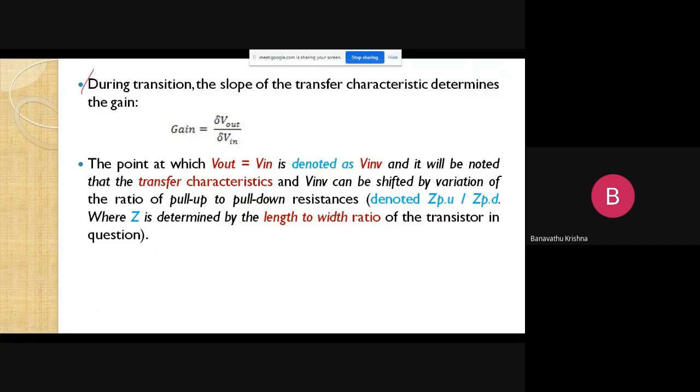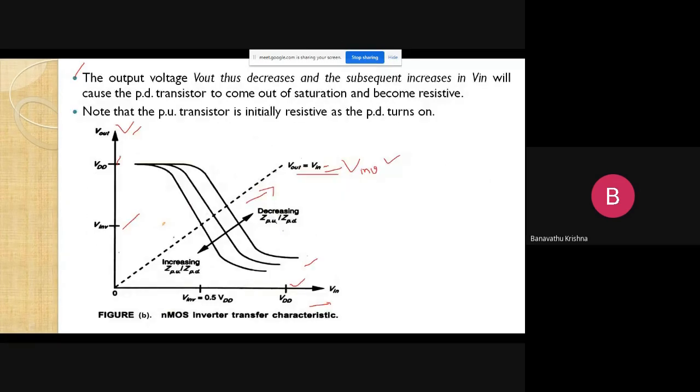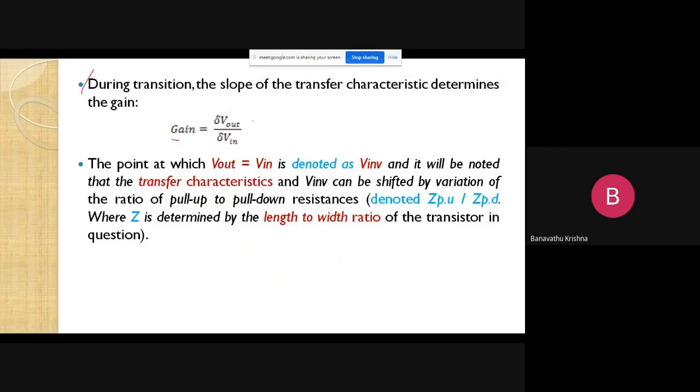Next point. During this transition, the slope of the transfer characteristic determines the gain. That is the slope of this transfer characteristics. Find out the gain here. Already you know that gain is nothing but output response by input response, that is change in output voltage by change in input voltage, nothing but the gain of the inverter.